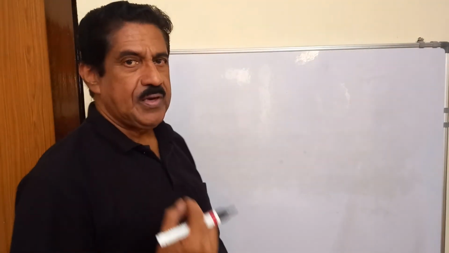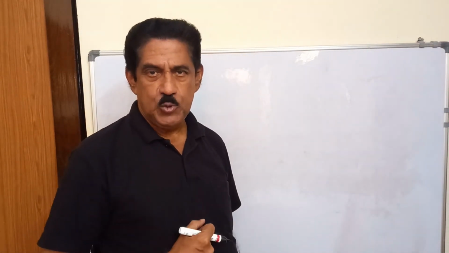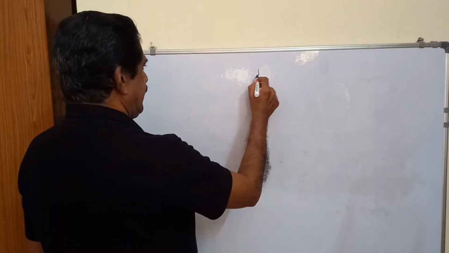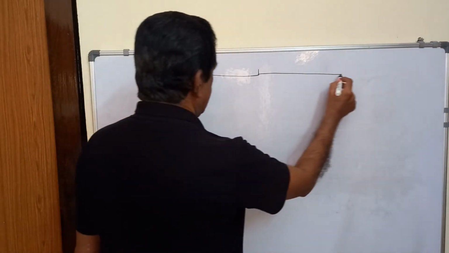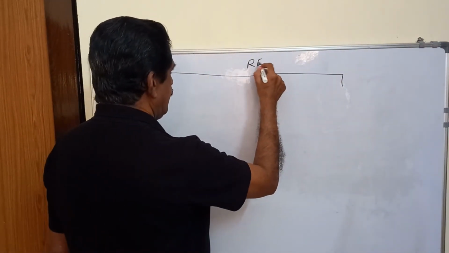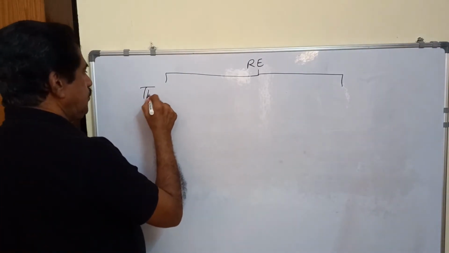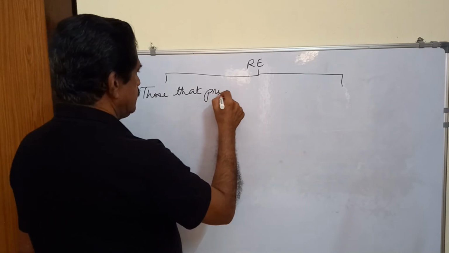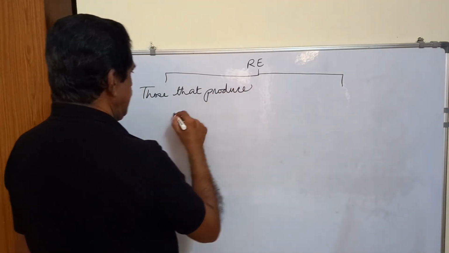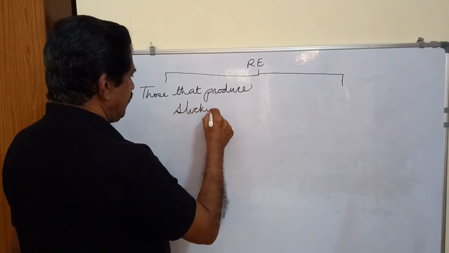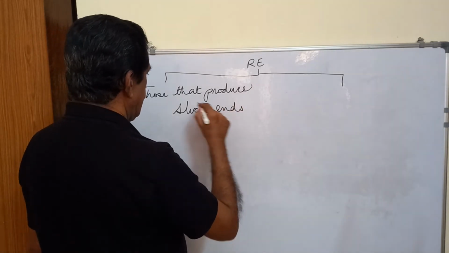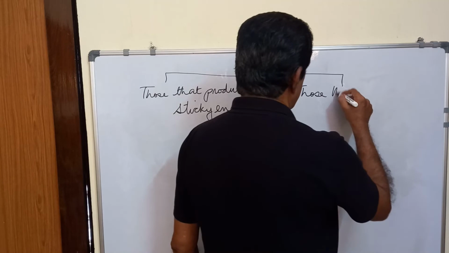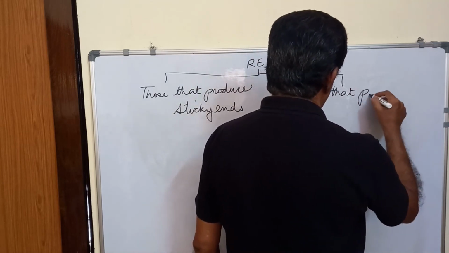Now, let us look at the classification of restriction endonucleases. They are of two types. Those that produce sticky ends and those that produce blunt ends.